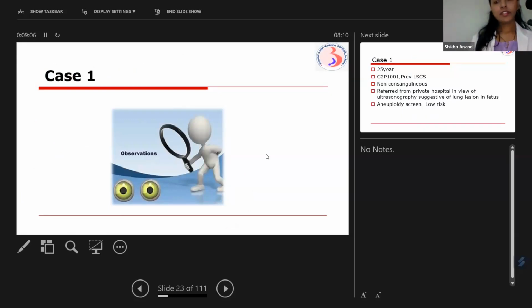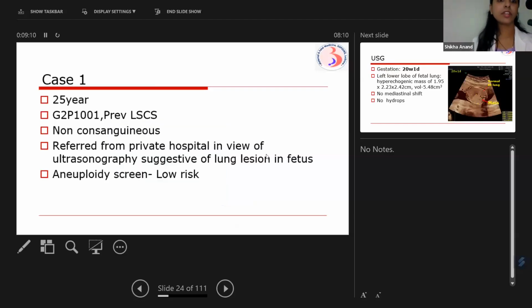Good morning, everyone. So our first case is a 25-year-old second gravida with one live issue with previous cesarean delivery, who presented in our department with ultrasound suggestive of a lung lesion in the fetus. Aneuploidy screening was done and it was low risk.